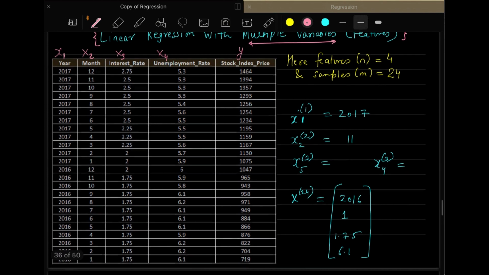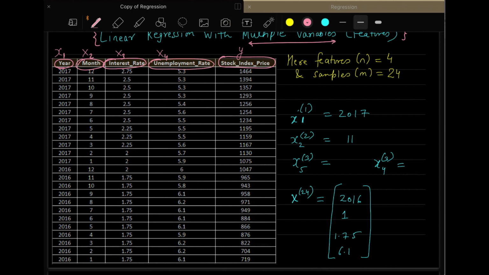Let us say you have this table. Here you are plotting the stock index price, which is the final value of y, and you have four features that decide this stock index price. The four features are year, month, interest rate, and unemployment rate.